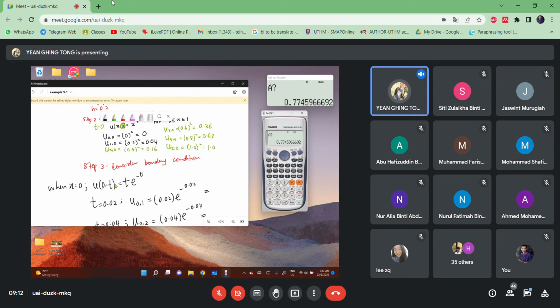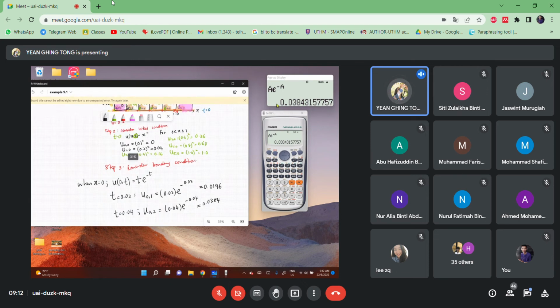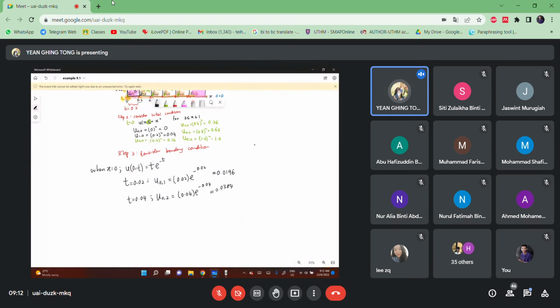When my t is 0.02, I get 0.0196. And when my t is 0.04, I get 0.0384. Now I have to key in the value here.